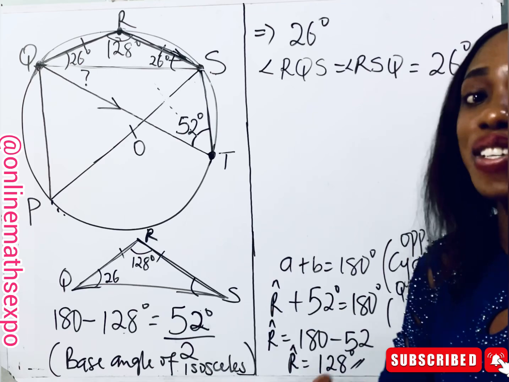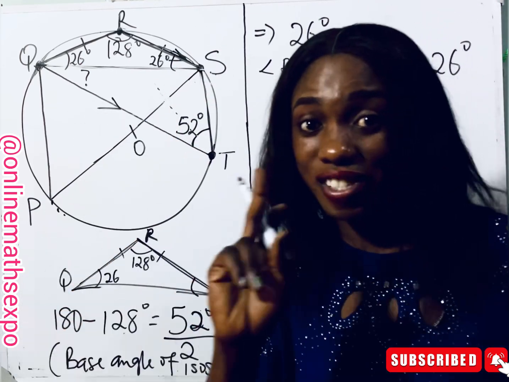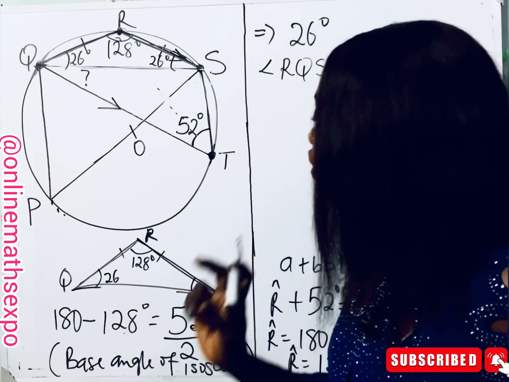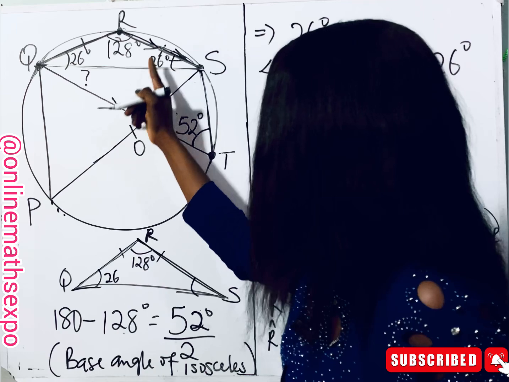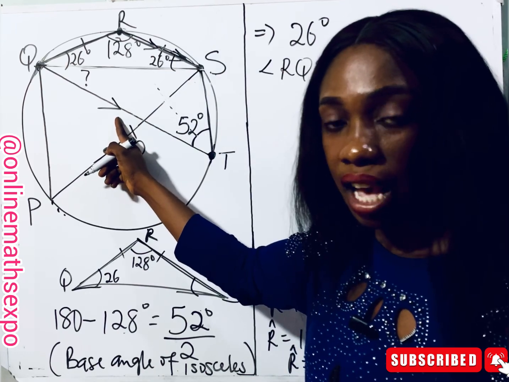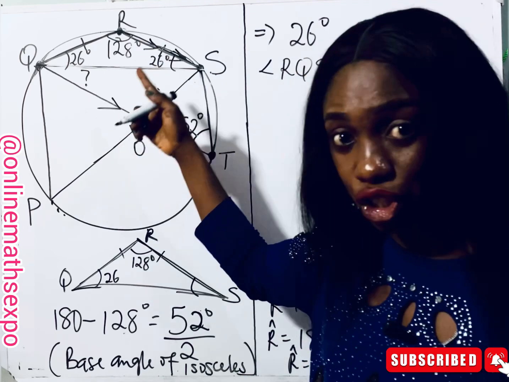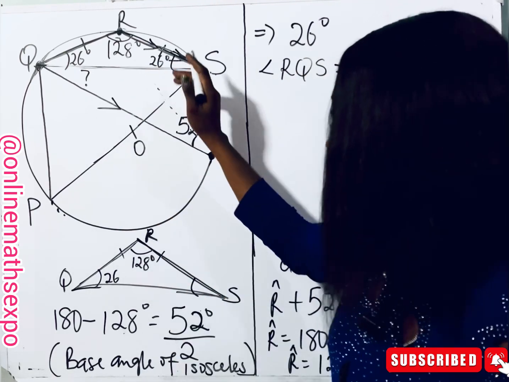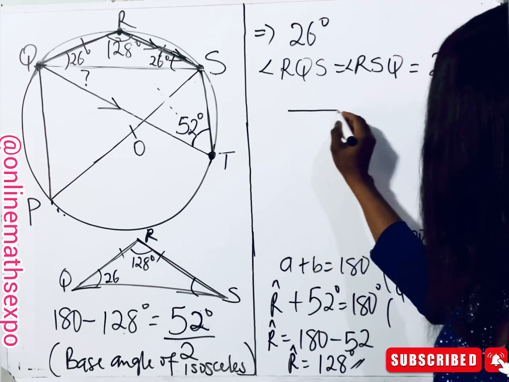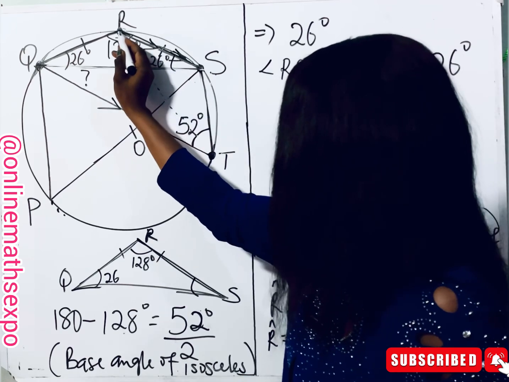Now, the next question is, having gotten this 26, will it still be of use to us? Yes, because the question still made mention that this line is parallel with this. When you are told that lines are parallel in a shape, remember the rule of parallel lines that says when you have a Z angle, the angle you form here is equal to what we have here.